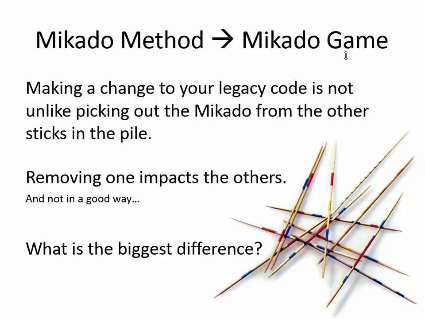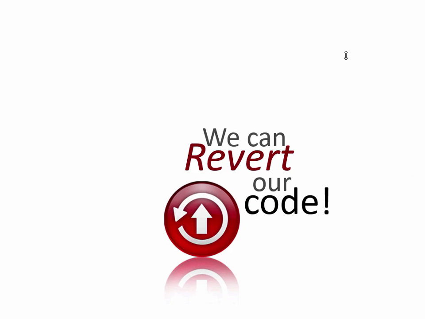There is one huge difference between the Mikado game and what we can do with software development and code in particular. The biggest difference is we have a source code repository that allows us to revert our code, right? So we can make a change, see it break a whole bunch of things, and then say, ooh, I don't like that, revert, and I'm back to a safe spot.